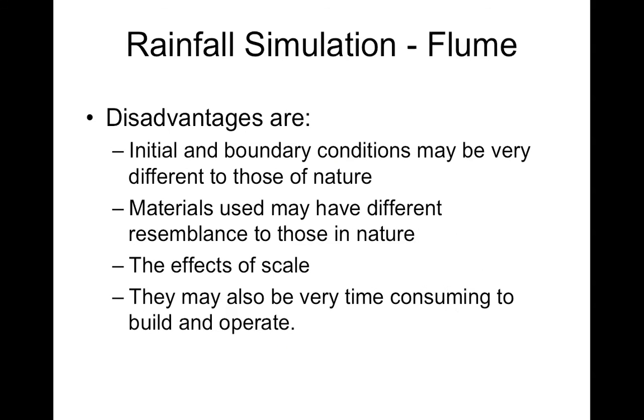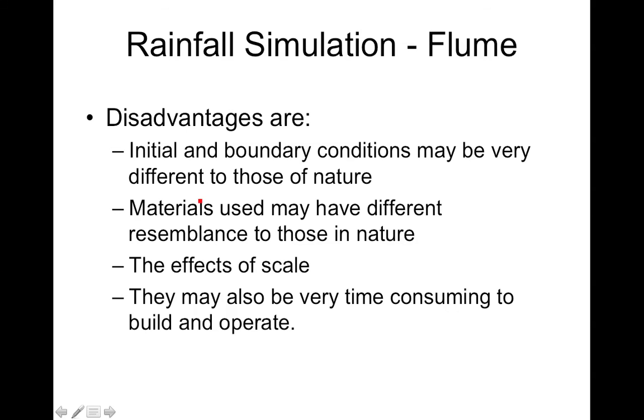Some of the disadvantages for using, say, rainfall simulations, flumes like that, are that the initial and boundary conditions that you apply in the experiment may be very different to what's going on a natural hill. Right? You may have very short length of plots, so you may be measuring erosion processes that are not necessarily occurring in the field.